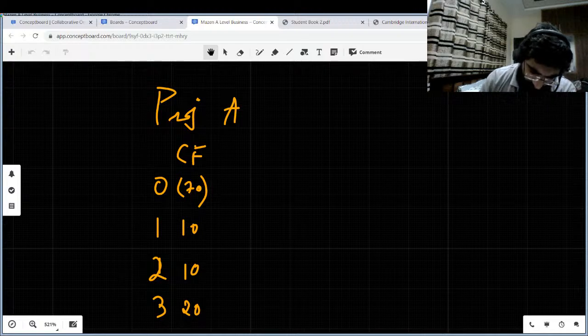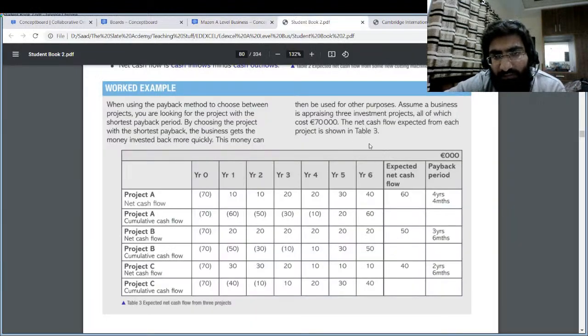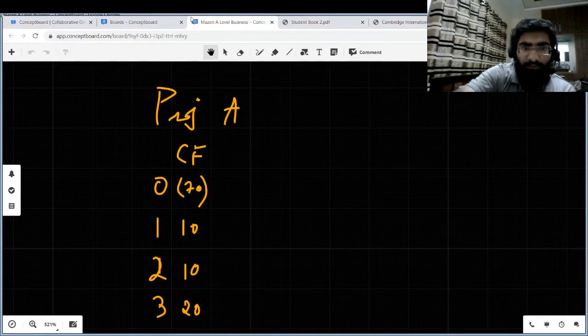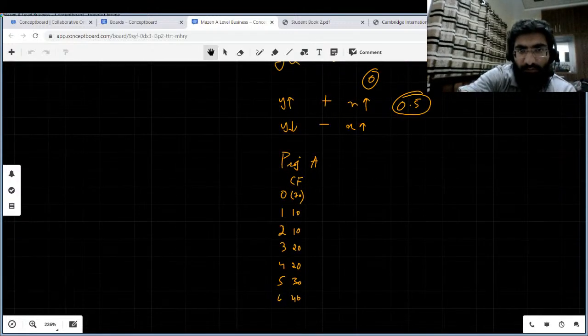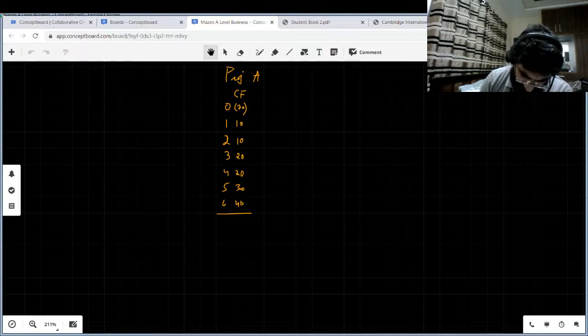Expected net cash flow is just the sum of all of this. How much is it saying? Expected 60. Okay.